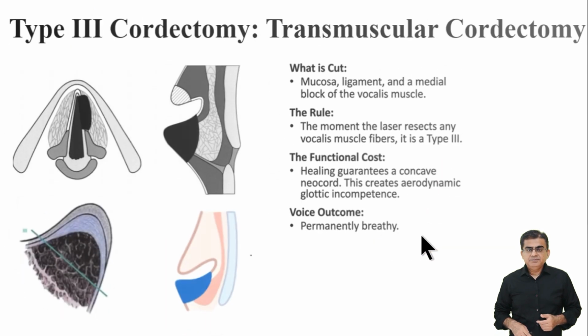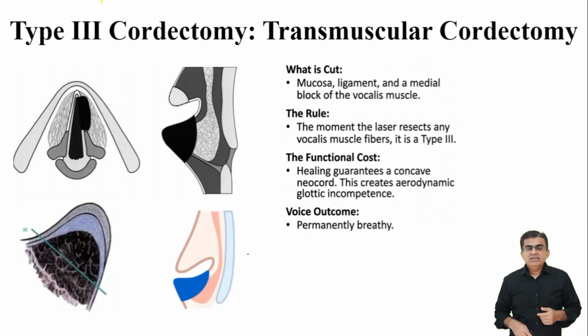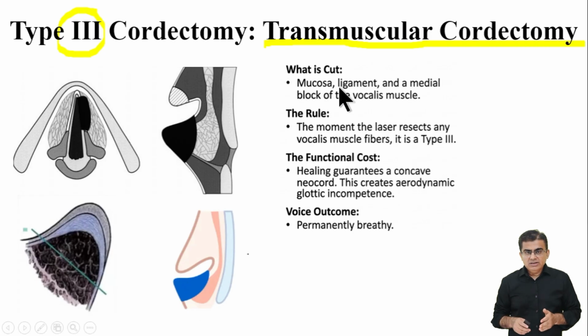Type 3 cordectomy. It is also called a transmuscular cordectomy. In this procedure, you must remove the mucosa, vocal ligament, and a medial block of the deep vocalis muscle. See here in these images.